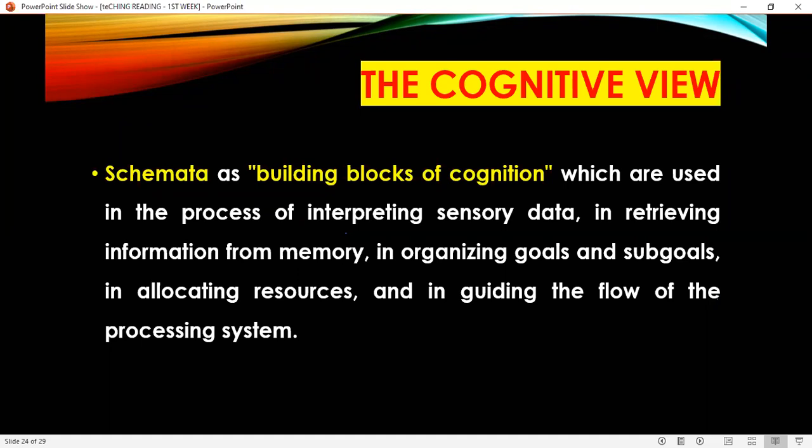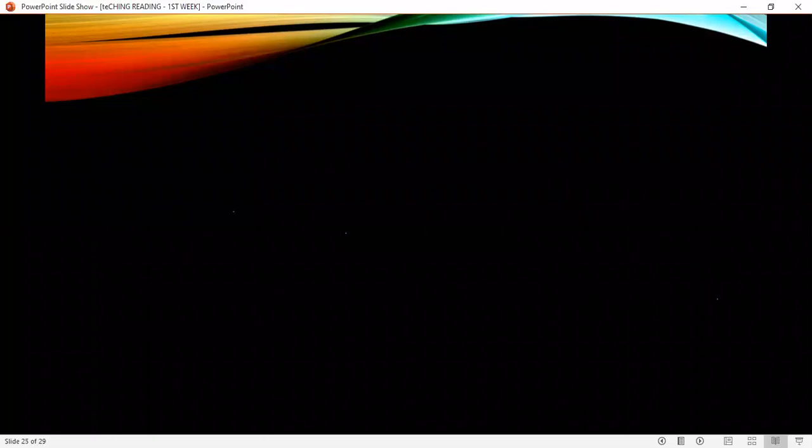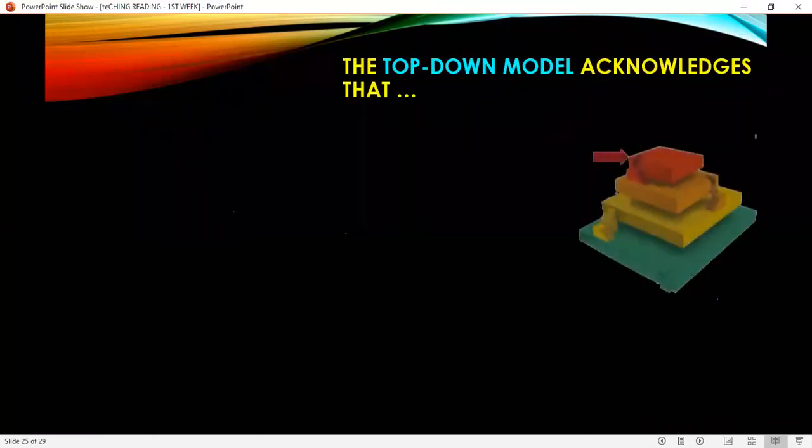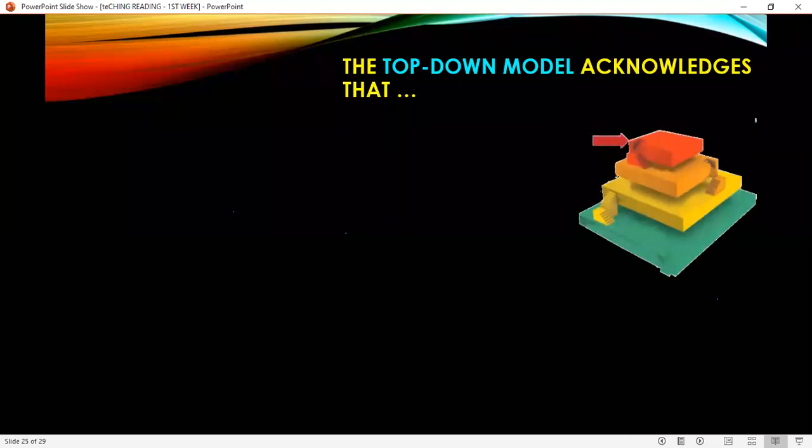So here, the schemata is one of the most important aspects of reading. Your prior knowledge, your background knowledge, and you match this knowledge with the information given in the text. So the top-down model acknowledges that, and notice here again the picture.